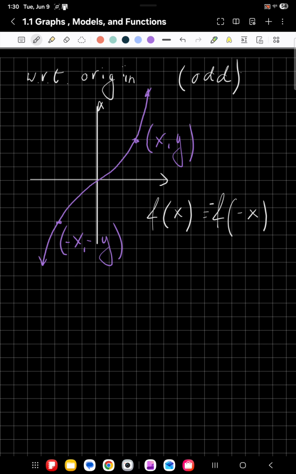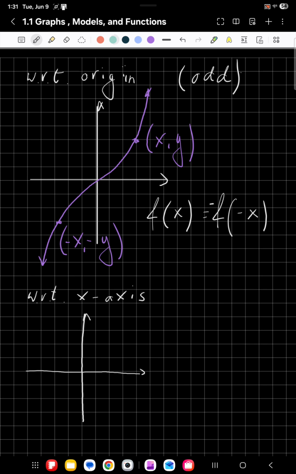All right. Yeah, so let's look at that last type of symmetry. Even though those are relations, right, and the graph of that relation would not be a function. So this one is with respect to the x-axis. And let's look at a quick example.